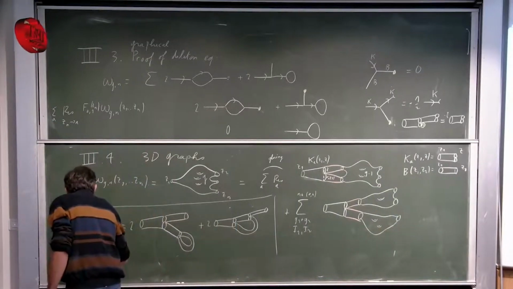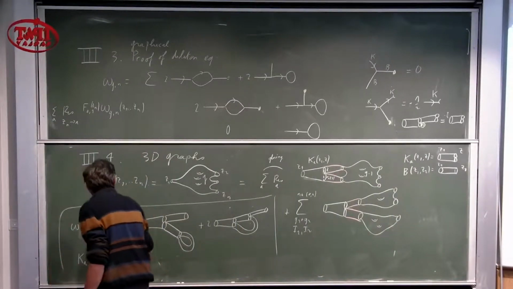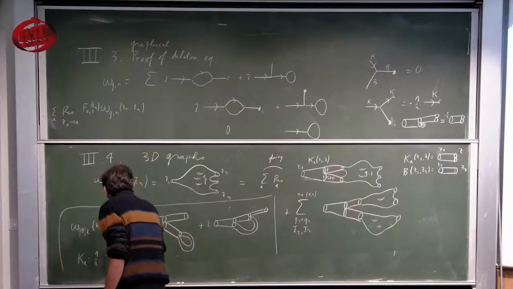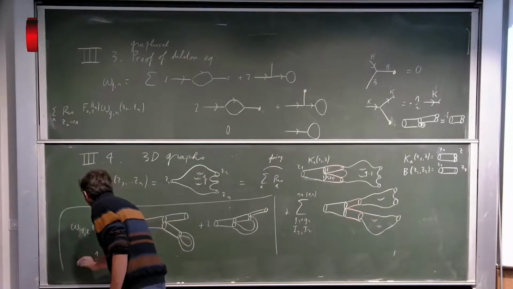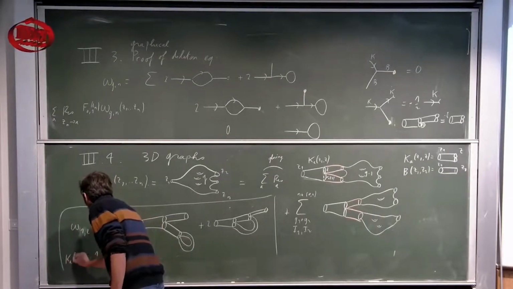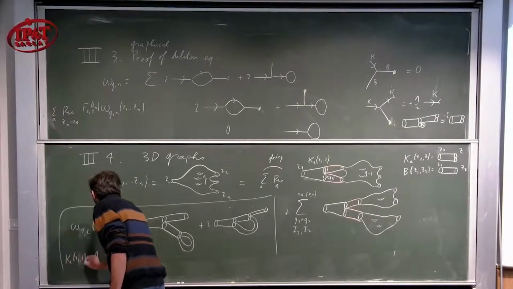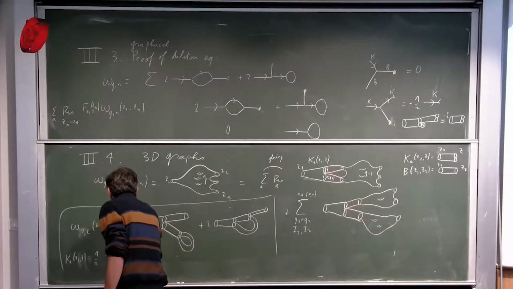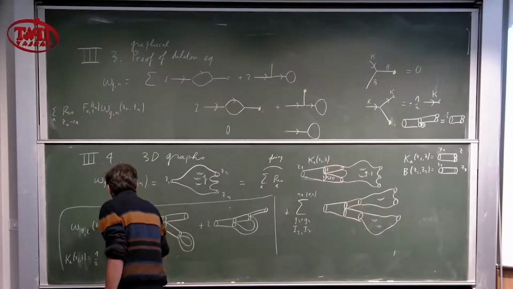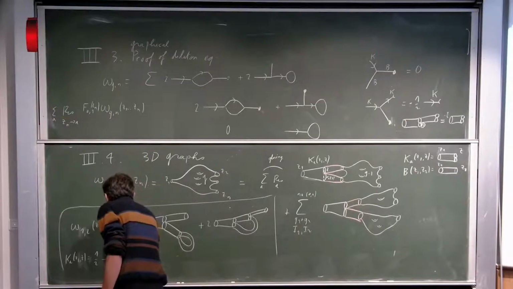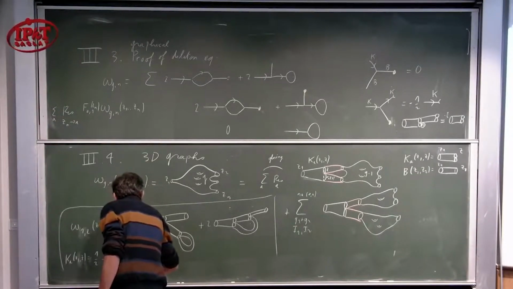Remember that K was 1/2 of the integral of B, so K_a of z1, z was the integral from z prime to sigma of z, of B of z1, z prime, divided by omega 01 of z minus omega 01 of sigma_a of z.